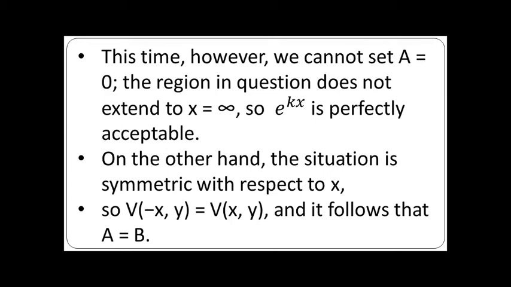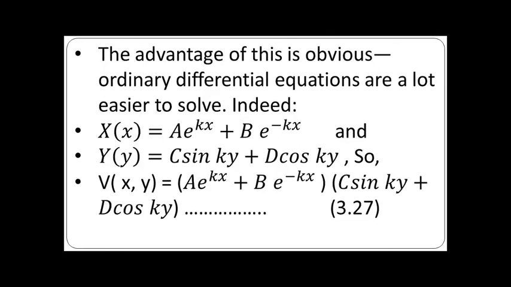In this equation, if we substitute the first boundary condition, that means x equal to b, then V of b, y is equal to A e raised to kb plus B e raised to minus kb, into the y part as it is. Wherever x is there, we substitute b. And this is equal to the potential V0.